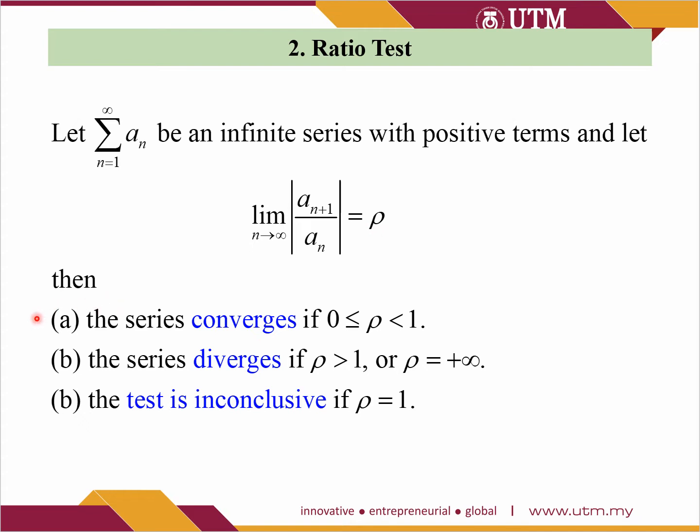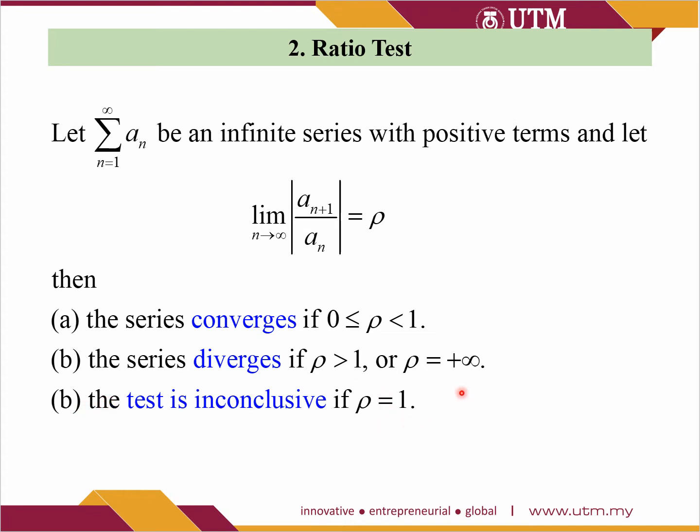Then the series converges if we get the value of rho between 0 and 1. The series diverges if the value of rho is greater than 1 or rho is equal to infinity. And the test is inconclusive if the value of rho is equal to 1.